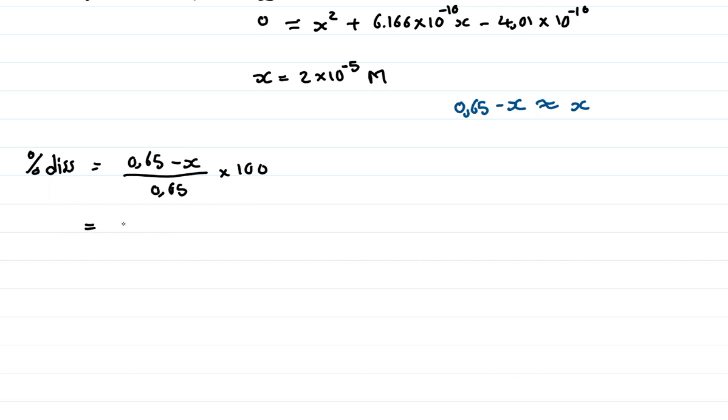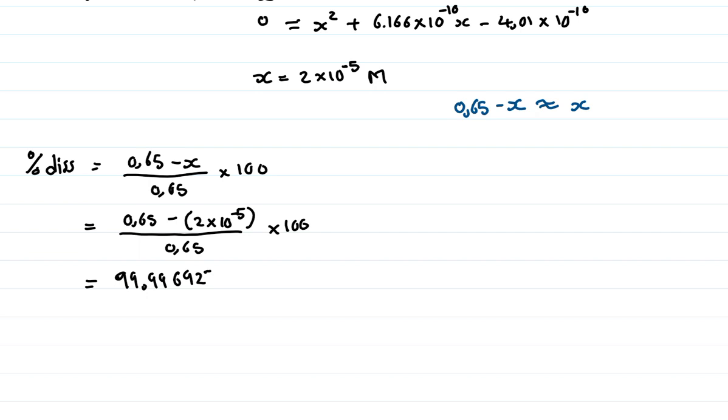So we have 0.65 minus x, which is that concentration over there, multiplied by 10 to the power of negative 5, divided by 0.65, multiplied by 100, and we should get a value of 99.99692308%.